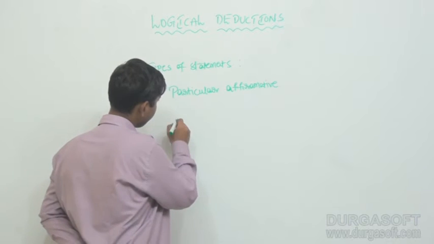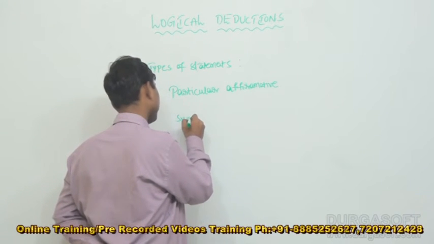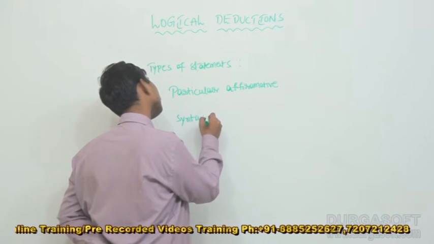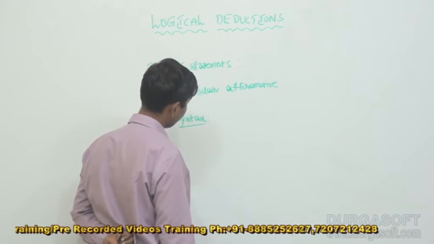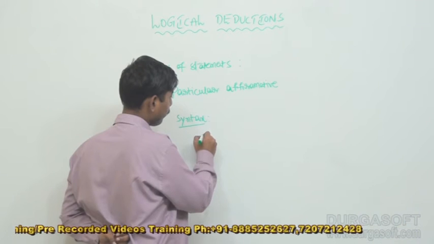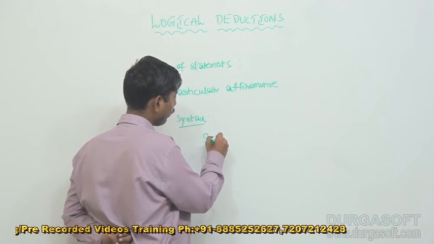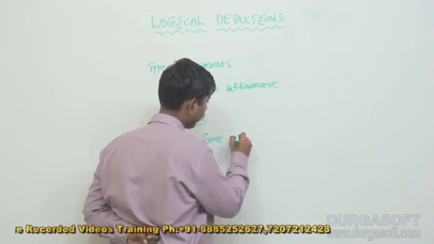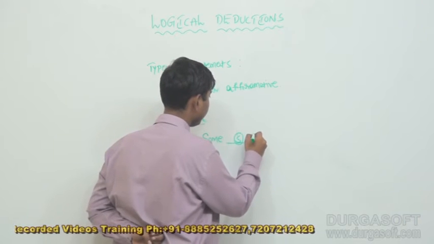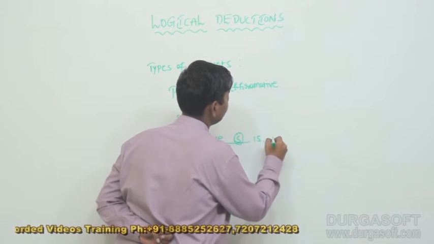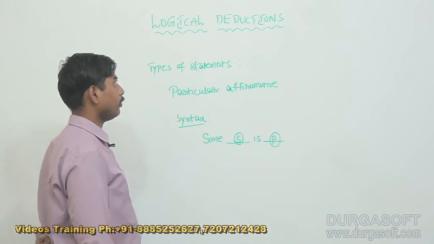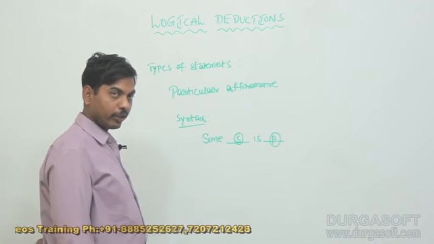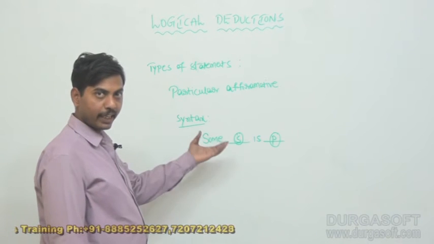Just look at the syntax here. The syntax of a particular affirmative statement is some S is P. That means some subject is predicate.